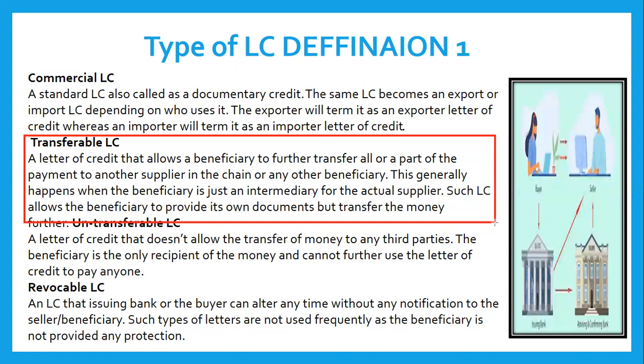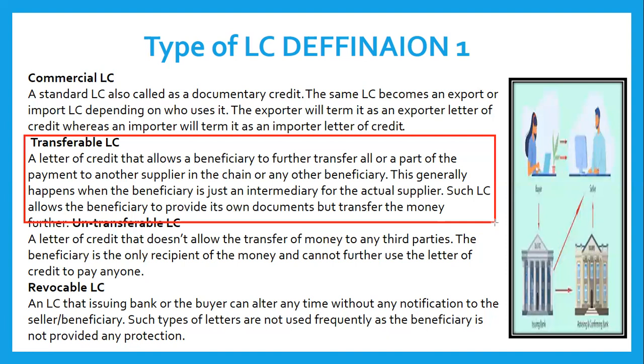Here we are the exporter and we are going to export shoes to another country. So we will tell our raw material supplier that we will make payment once we receive payment from the importer.